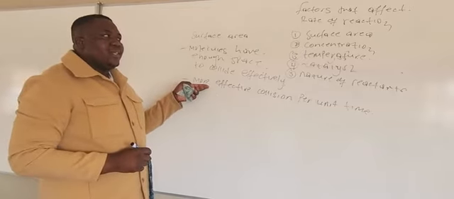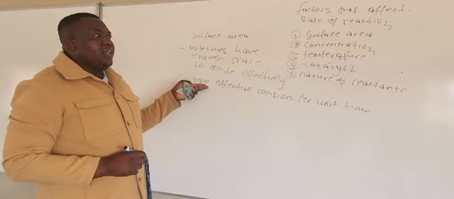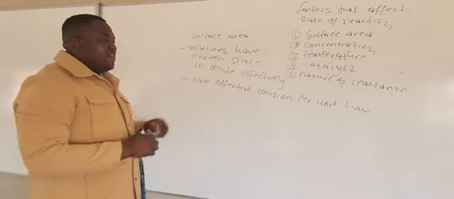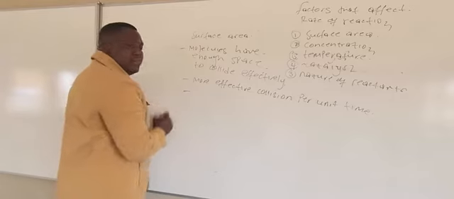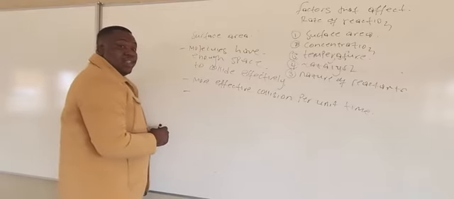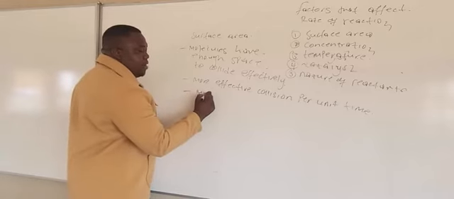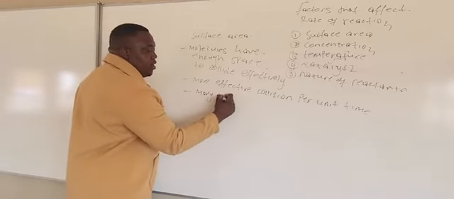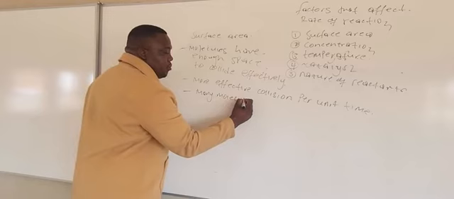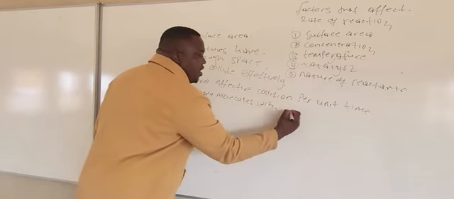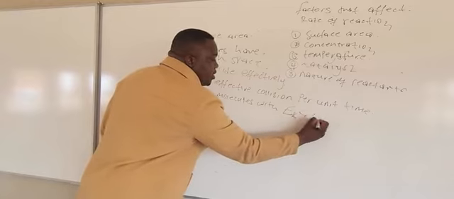This statement, you must always repeat it for all the factors that affect the rate of reaction. More effective collision per unit time. Then, the third one, there are many molecules with EK greater than EA.